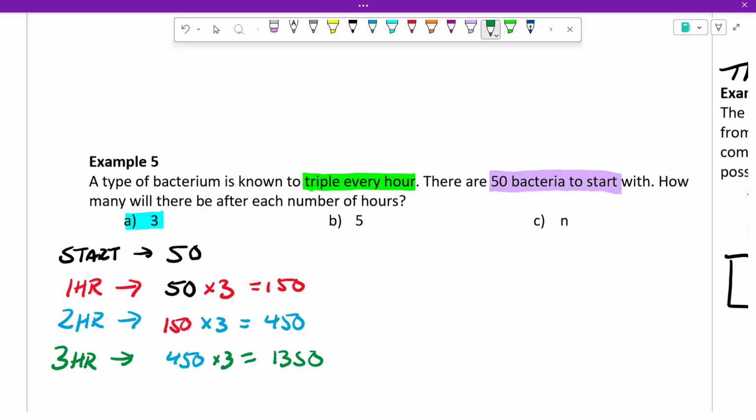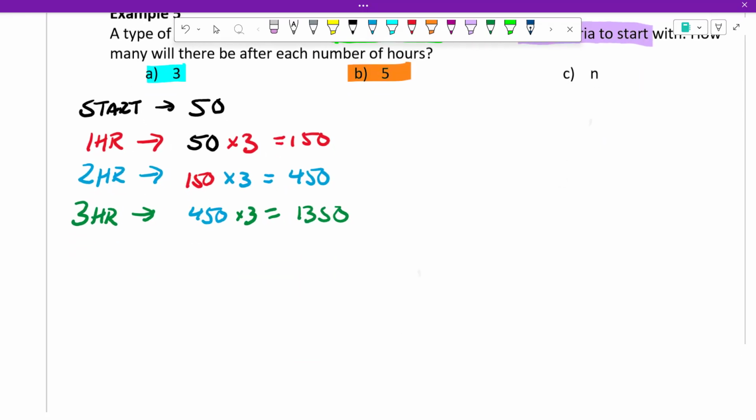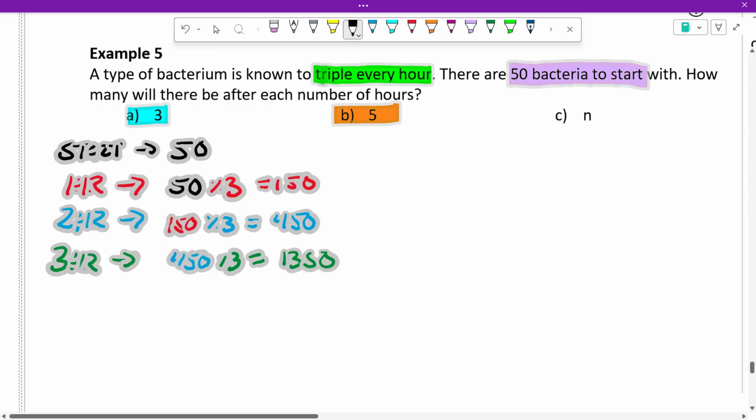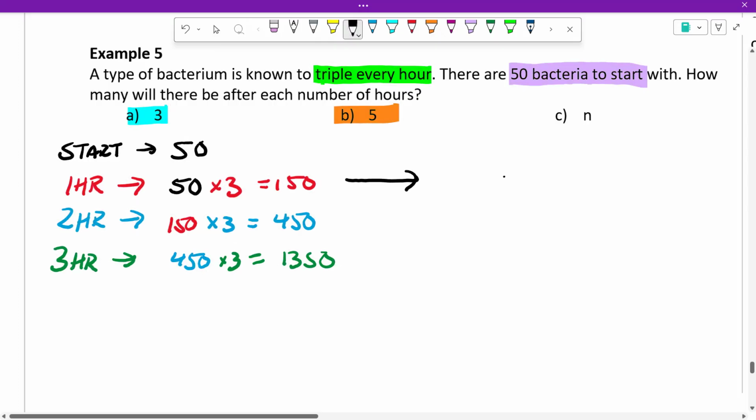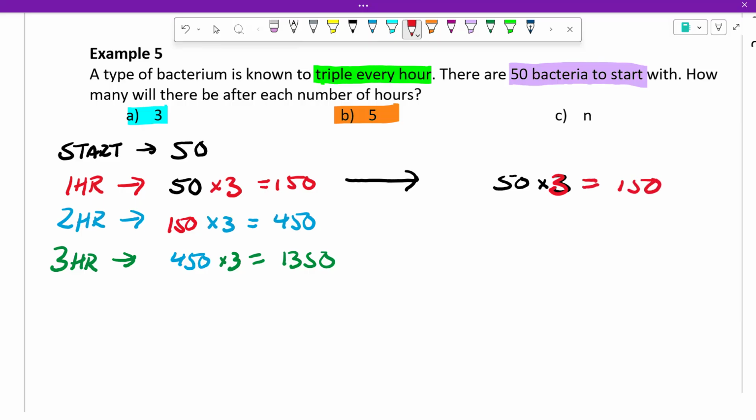So the second question is how many bacteria there are after 5 hours. We're going to come up with a formula, right? And when you're coming up with formulas, you have to go back to the calculations and see the patterns. So our first calculation was 50 times 3 equals 150.